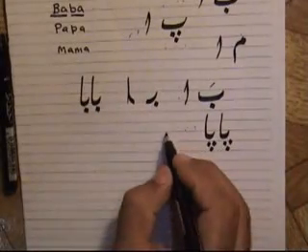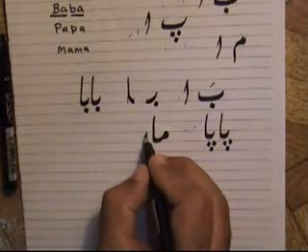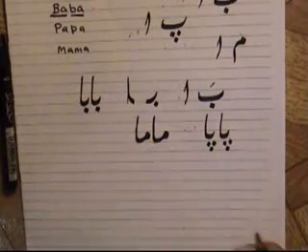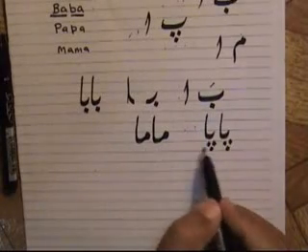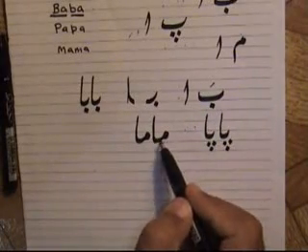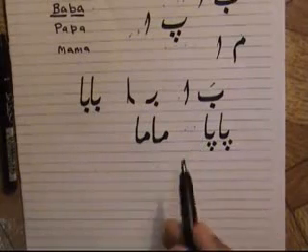And for Mama, we have the Mim and Alif and Mim and Alif, because Pe, Mim, Be are connectors, so we can connect them with the next letter, whereas Alif is a non-connector, we cannot connect it with the next letter.